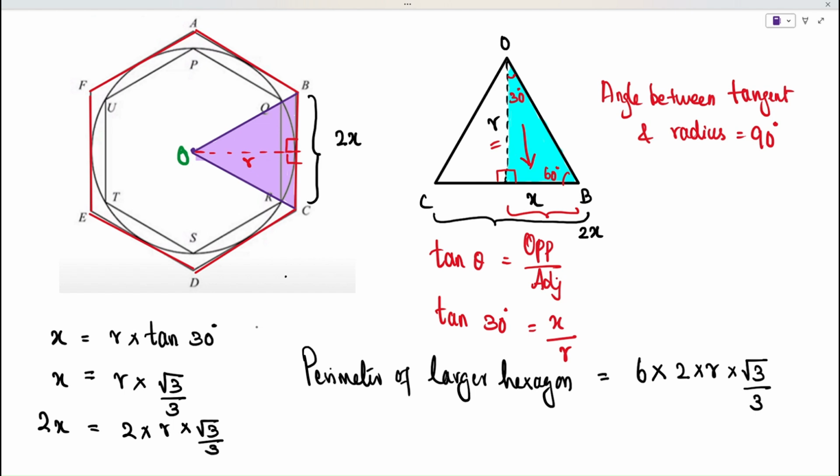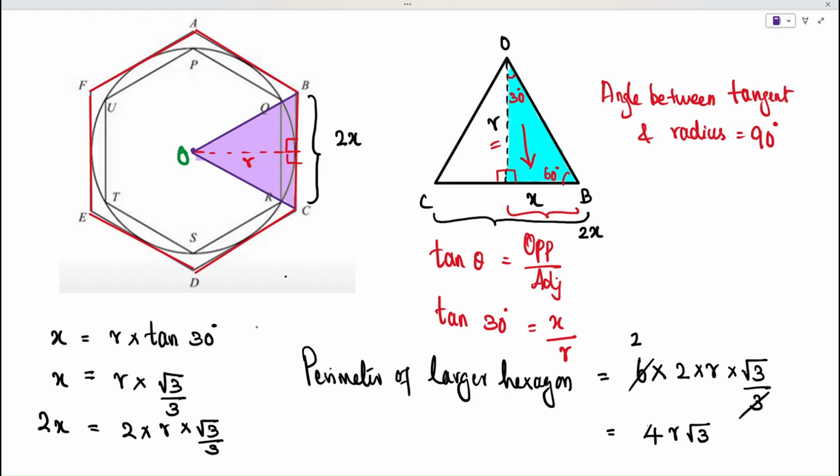Now here we can cancel out our 3 in our denominator with our 6, and we can get 2 because 3 times 2 is 6. And we're left with this simplified form for our perimeter as 4r root 3.